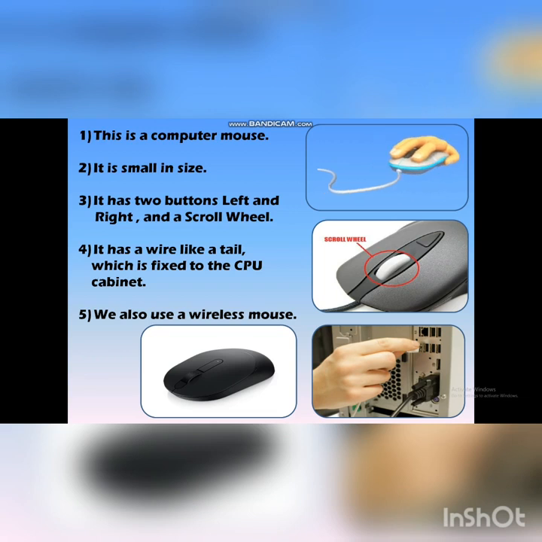Fifth point, we also use a wireless mouse. Nowadays, as technology is growing, we are heading towards a wireless mouse, a mouse which works with the help of signals. It doesn't require a cable or a wire to be attached to the CPU.